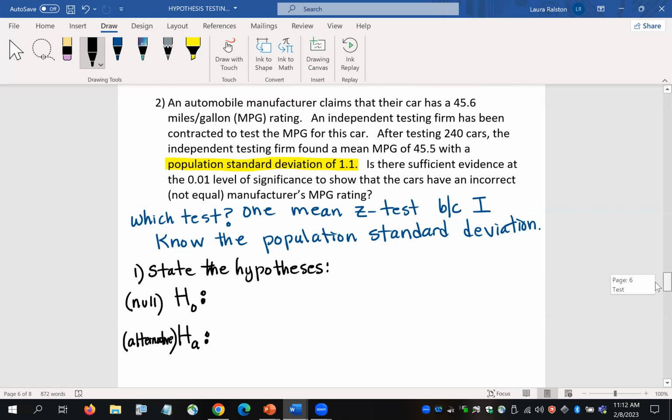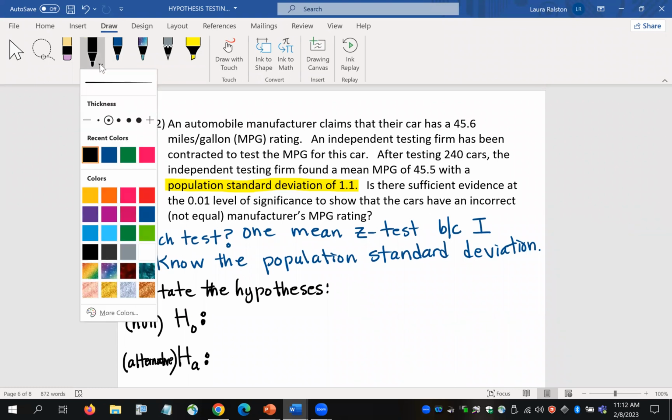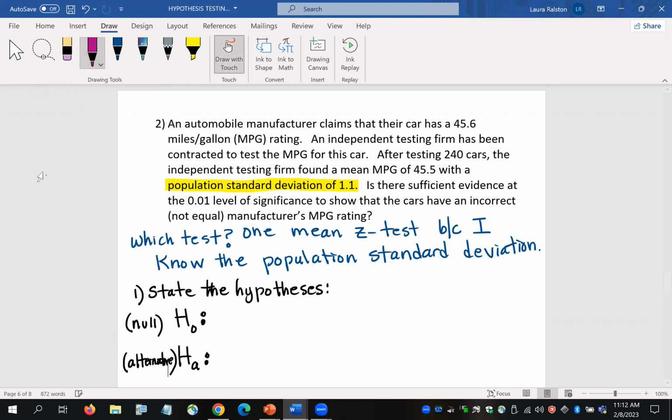So if I go back, and again, I'm looking for words like claim, believe, think, and again, I tend to have them towards the end of the problem in the form of a question, perhaps.